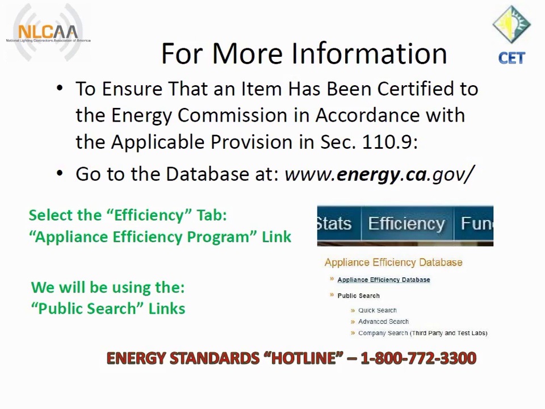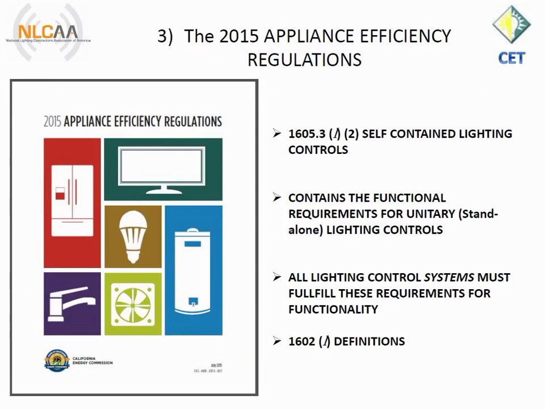One thing that is a good thing is that you can now find just about anything involving building energy efficiency or appliance efficiency by hovering over or selecting the Efficiency tab on the home page of the CEC website. You can find all the Title 24 books under that tab, including Title 20.